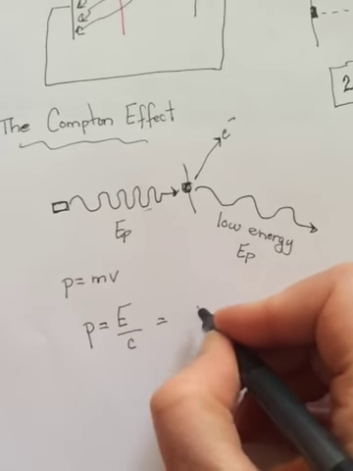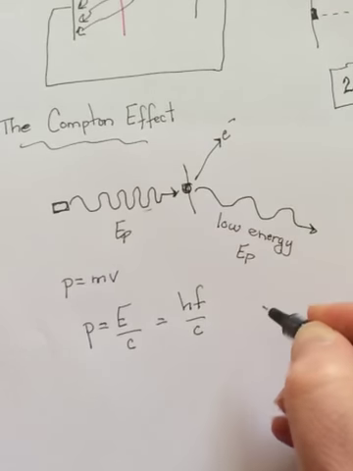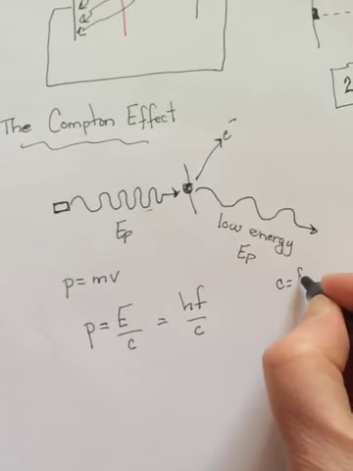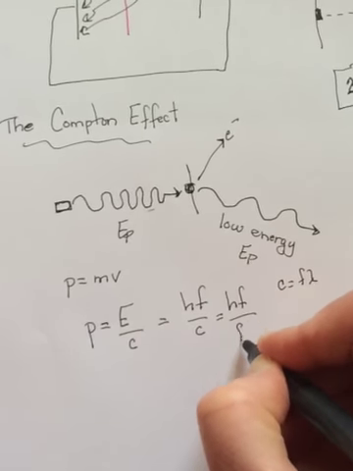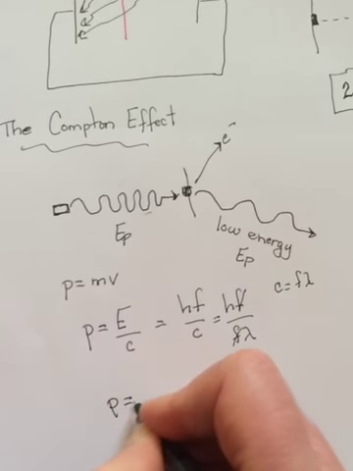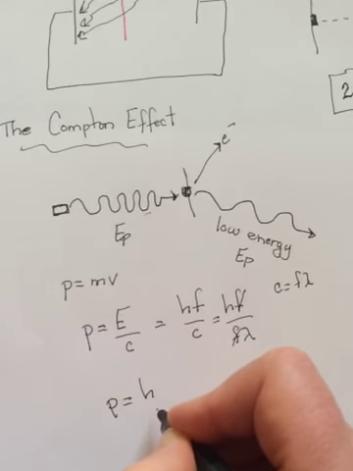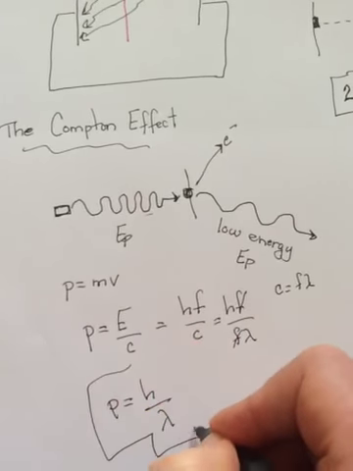Okay, so now the energy of a photon is hf. So it's hf over c. But remember, c equals f lambda. So then this is really hf over f lambda, and the f's will cancel. And so the equation we usually use for the momentum of a photon is just h over lambda.